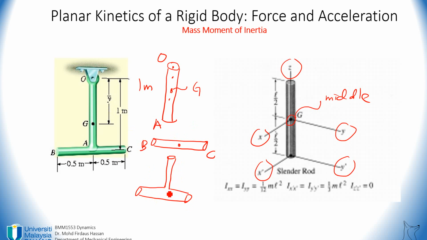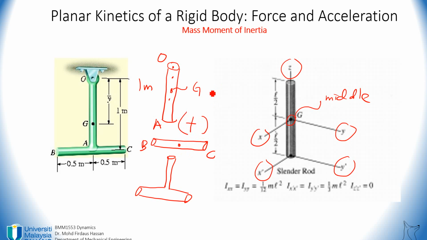Since this one is a composite body, you have to determine by yourself where G is, as asked in this question. I hope that you understand this. Where is the G of each split rod? It remains in the middle. But when it's combined, the G is somewhere else. Okay, you have to find it.